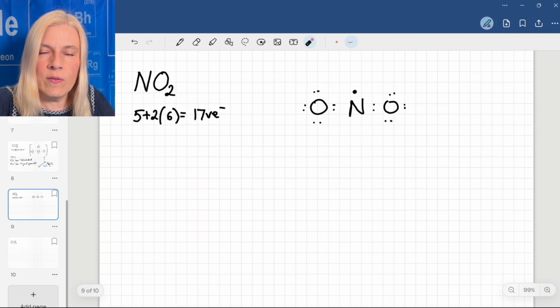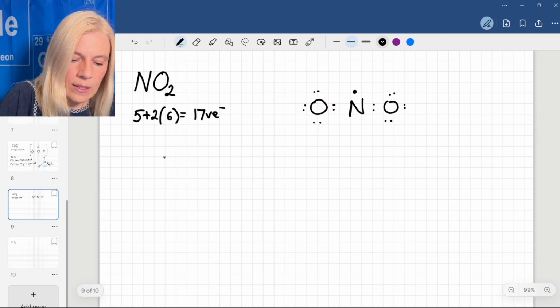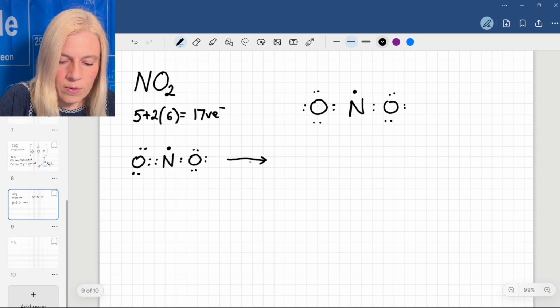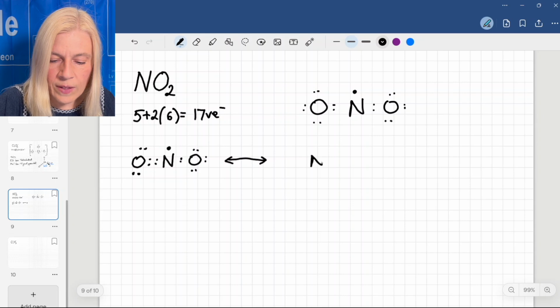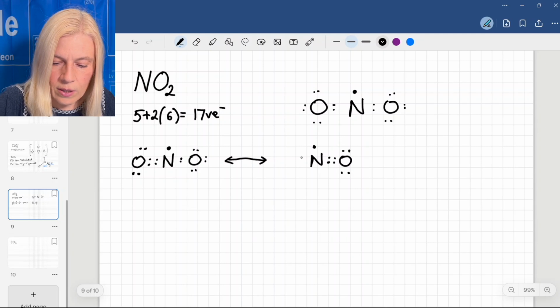Nitrogen cannot have more than 8. Remember, it's in the second energy level. So it's one or the other. So I do have resonance, but it's going to be a lone electron. Here is my one choice, or here is the other choice. I mean the lone electron, not the lone pair, right? It's the lone electron.